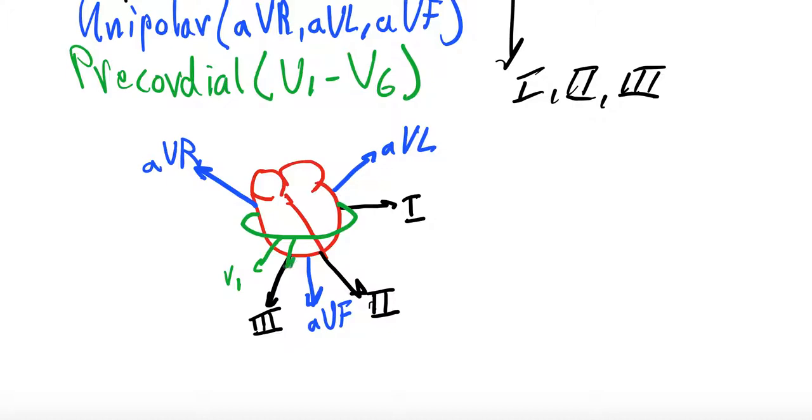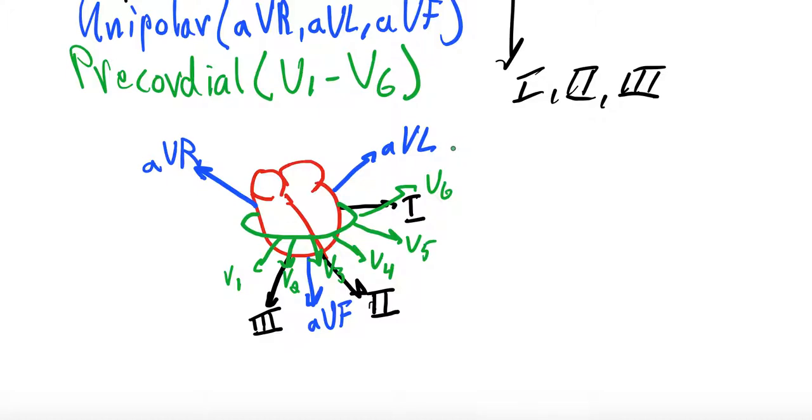V2, V3, V4, V5, and V6. So those are all of our leads.